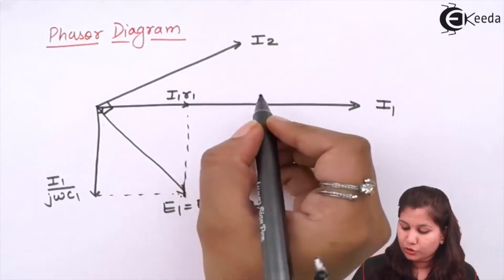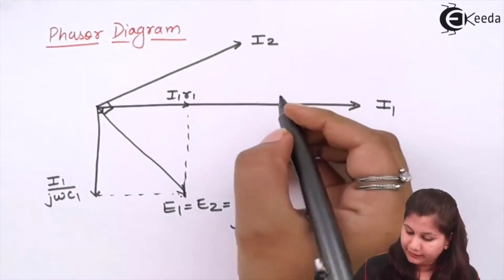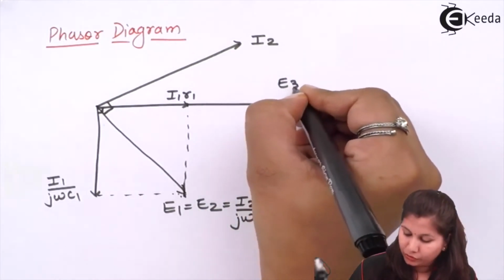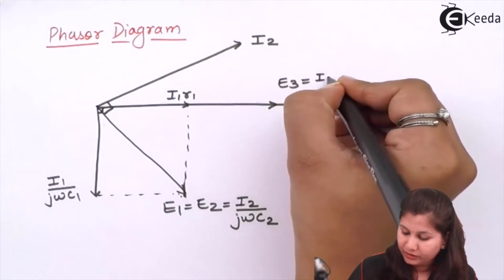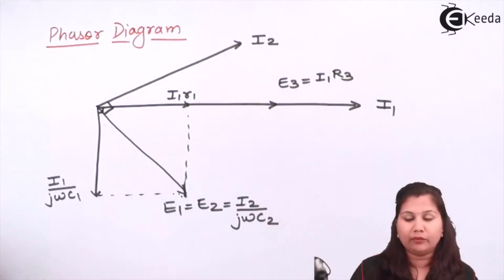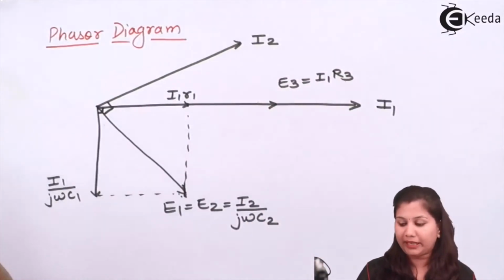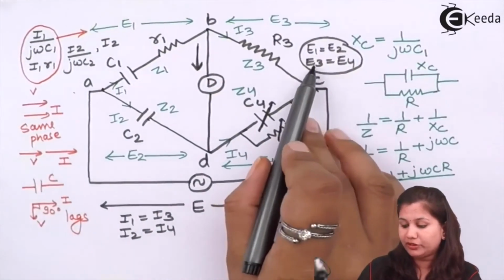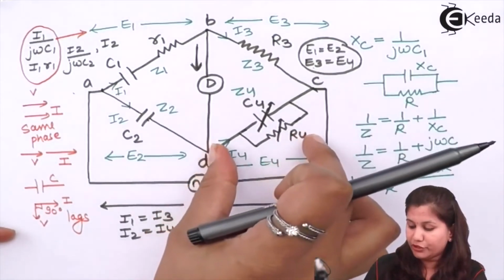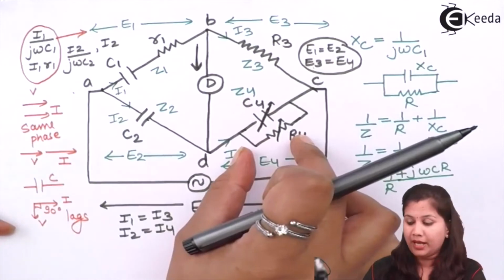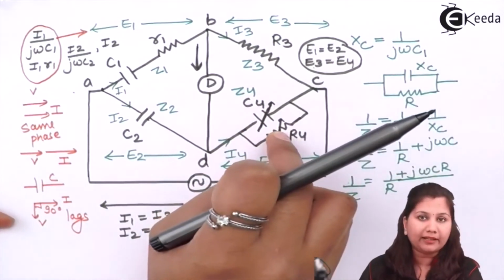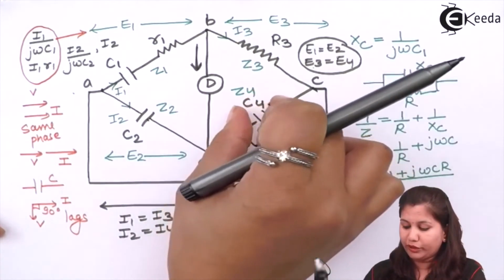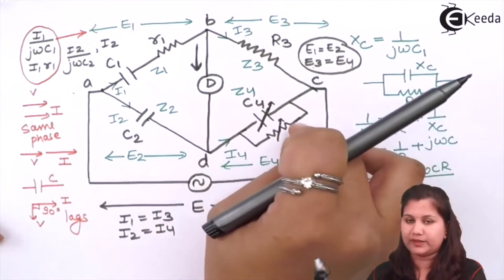So I1 is here, so I1 R3 will also be on the same line. Here we are writing the voltage E3, which is I1 R3. We can write it as I3 R3 also, but I3 and I1 are equal, so we are writing I1 R3. Now the voltage drop E3 is equal to E4. E4 is the voltage drop across this capacitor and resistor. When this capacitor and resistor are in parallel combination, the voltage will be equal across them. So E4 will be equal to the voltage drop across this capacitor and also across this resistance.